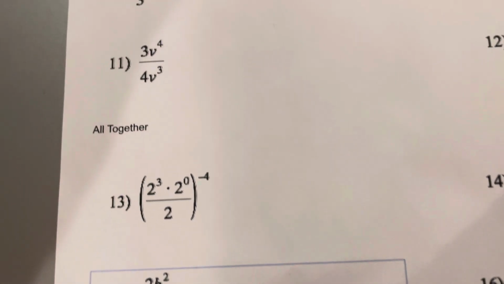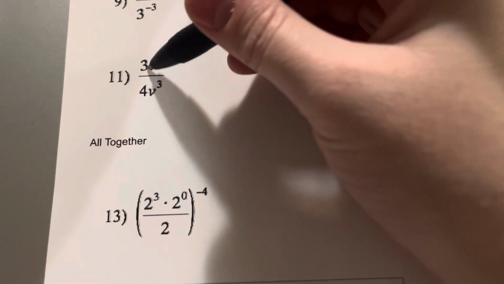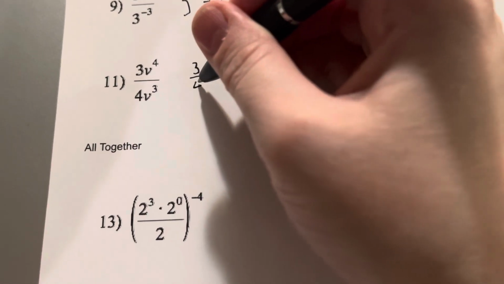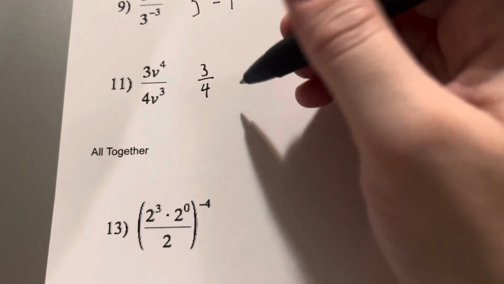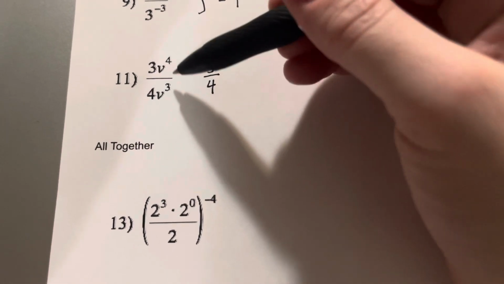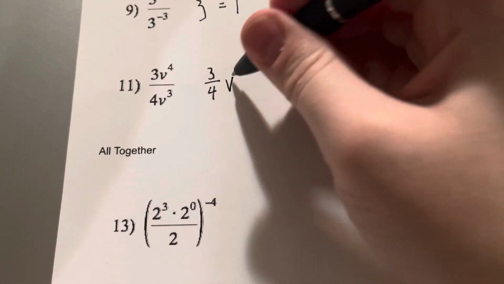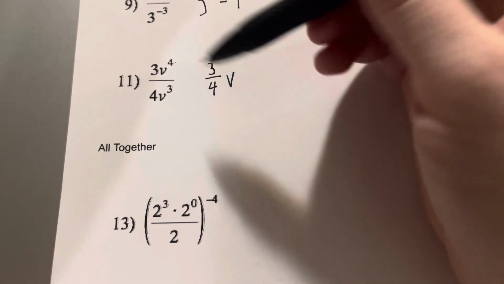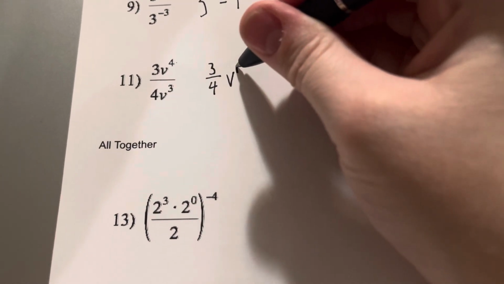Now, we're going to go ahead and take a look at this one. This particular problem, we have some numbers out in front. We have those coefficients. 3 divided by 4 does not come out nicely, so we're going to leave that as a fraction, 3/4. And then we're going to subtract with the variables. V to the 4 minus 3 is 1.